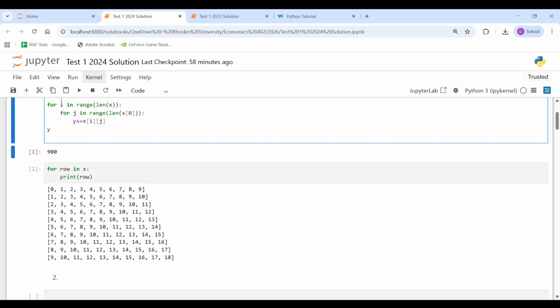Because the highest value of j is 9. Are we all happy with indexing excluding the upper value? So therefore it is 9.